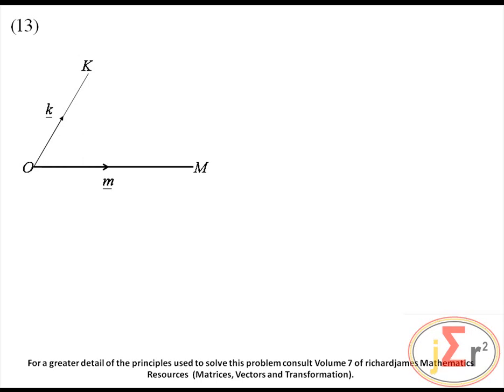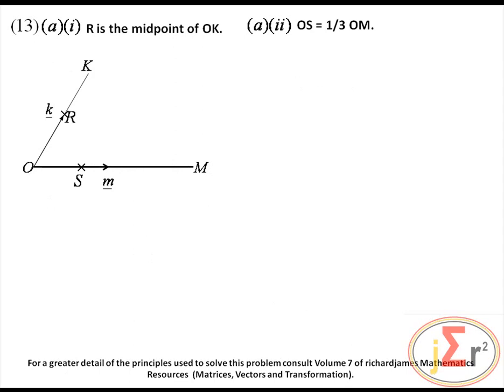S is the point on OM such that OS is equal to 1/3 of OM. So let us go straight ahead. R is the midpoint of OK, and OS is 1/3 of OM. So 1/3 the way from O to M, we have S right there.